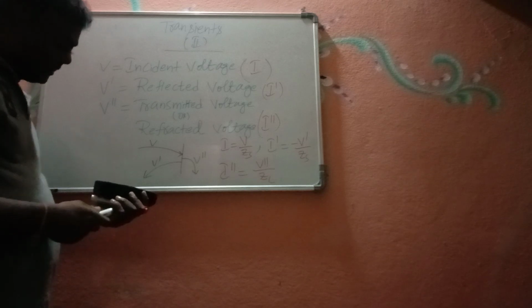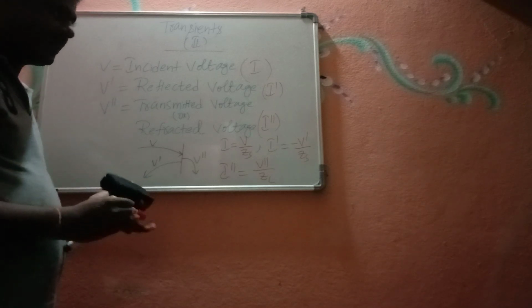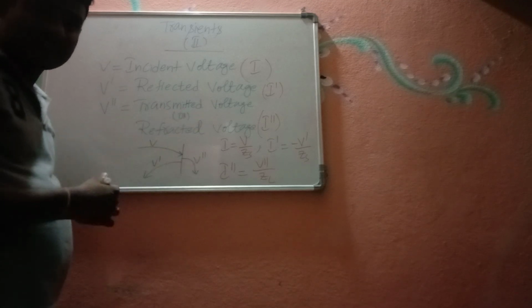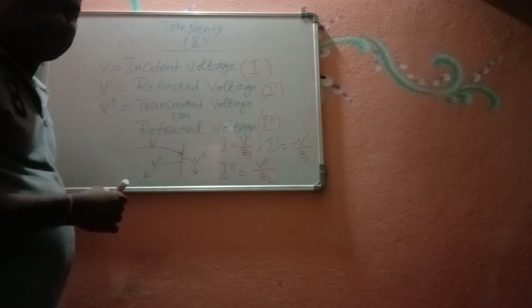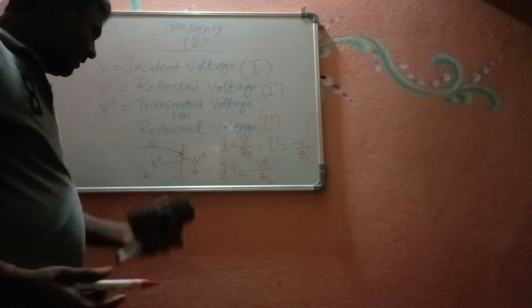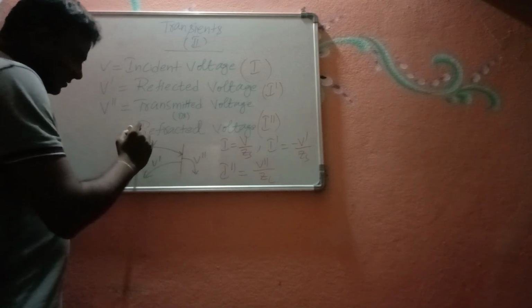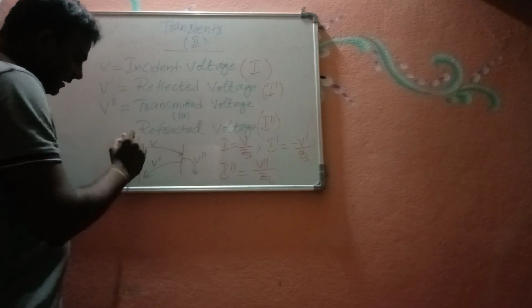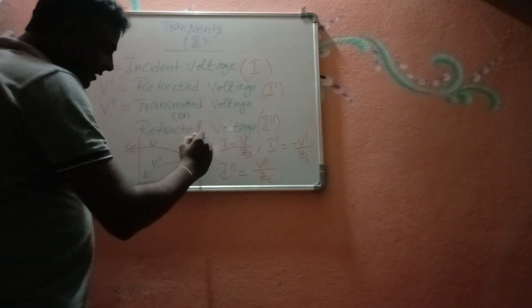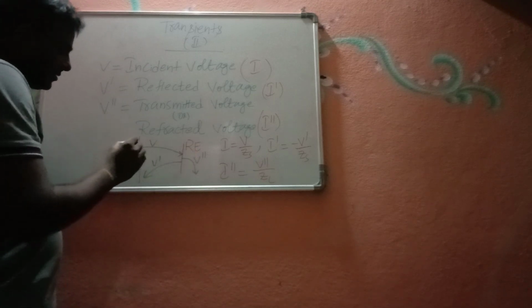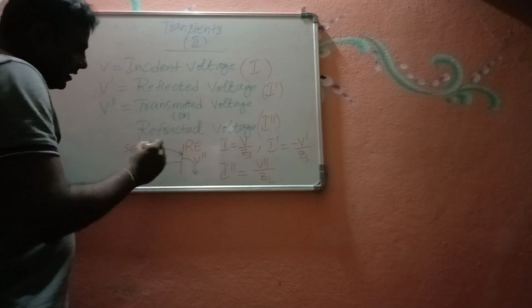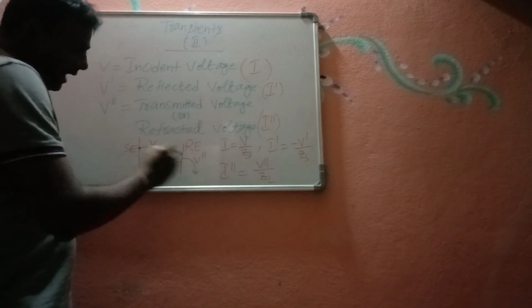In power system transients, we treat the voltages as well as the currents as traveling waves. If you observe the voltage wave that starts traveling from, let us take this as the sending end and this as the receiving end, for example, one wave starts traveling from sending end to receiving end through the line.